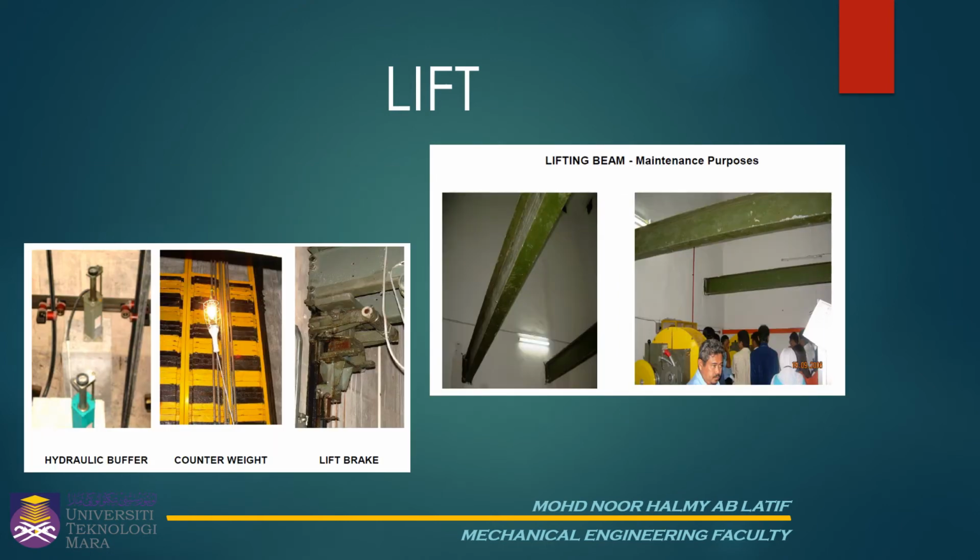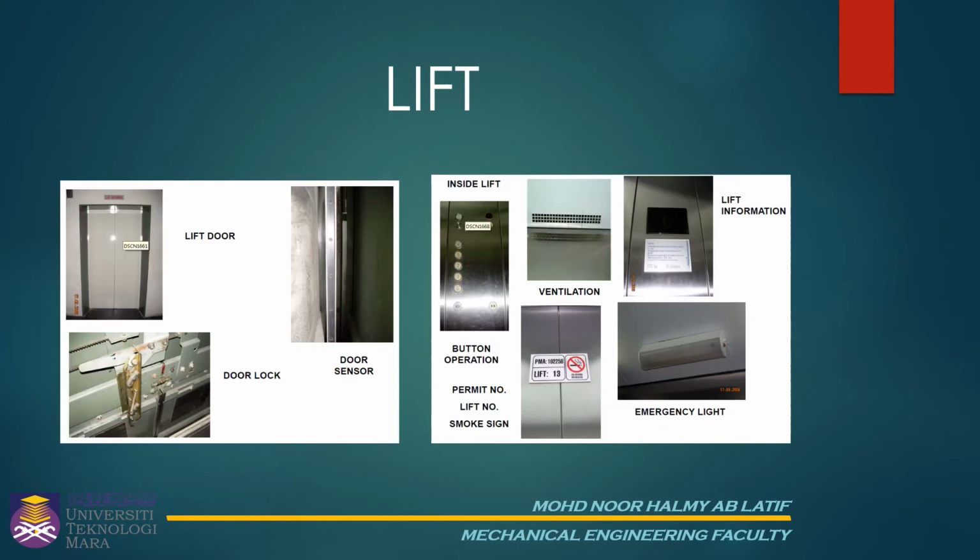Hydraulic buffer, counterweight, lift brake, lift beam for maintenance purposes. We have a lift door, door lock, door sensor, while inside the lift we have button operation, permit number, lift number, smoke sign, ventilation, lift information, and emergency light.